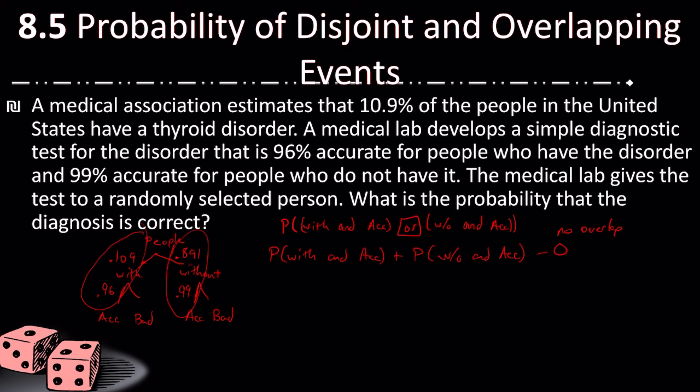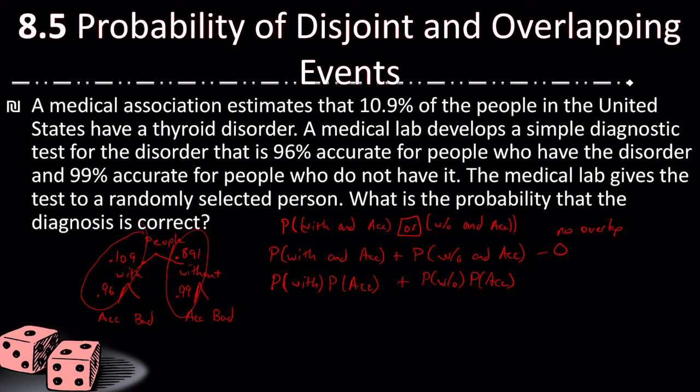Now, to get each of these, the probability of having it and being accurate, since it's 2 events, 2 outcomes, that was from the previous lesson, would be the probability with the disorder times that it's accurate, plus the probability without the disorder times that it's accurate.